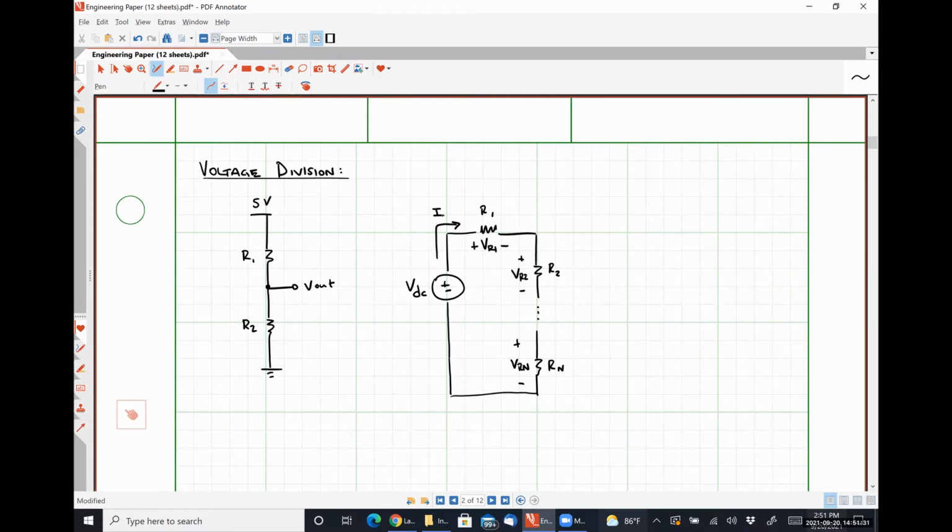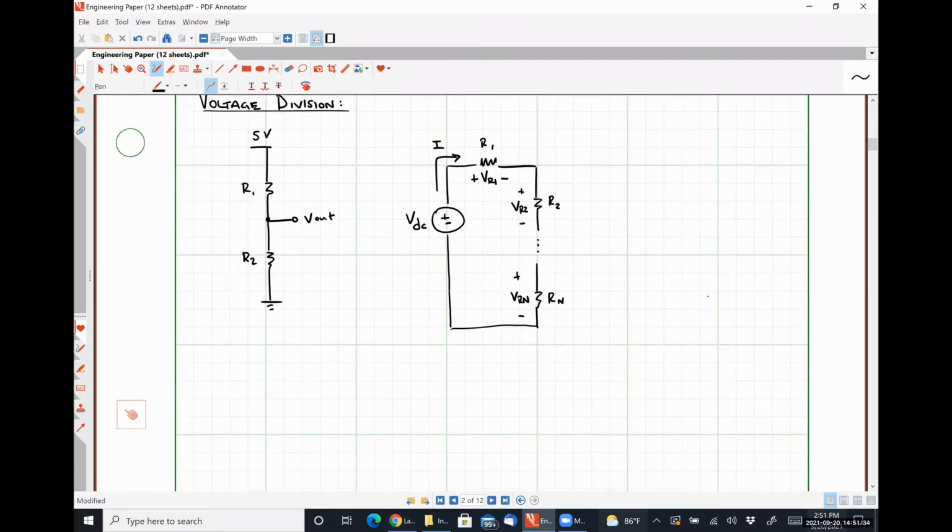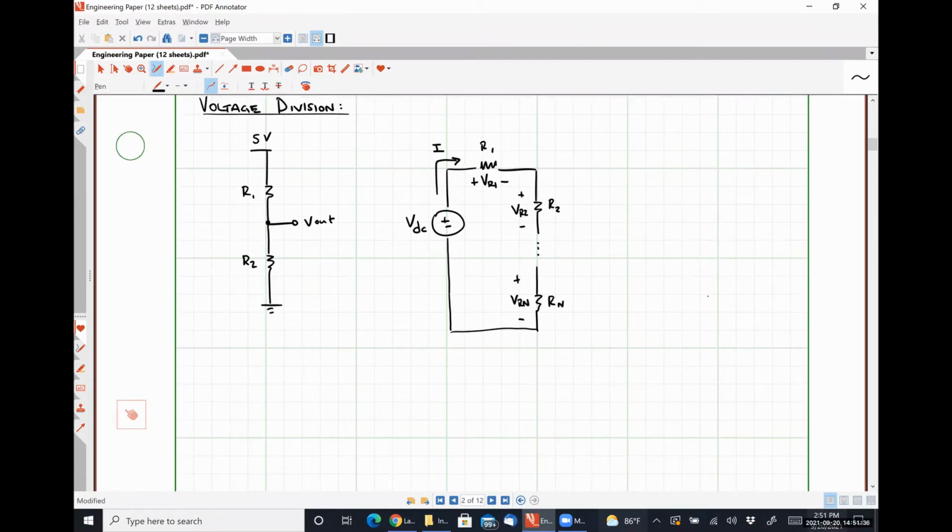And so if we apply Kirchhoff's voltage law around this loop, we would find that the voltage being supplied by our DC source is equal to that voltage drop VR1 plus VR2 plus VRN.